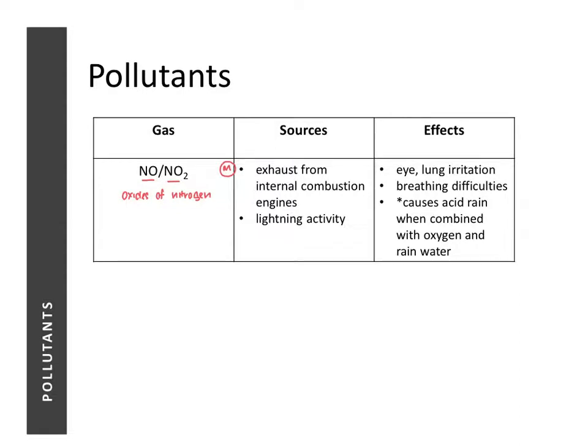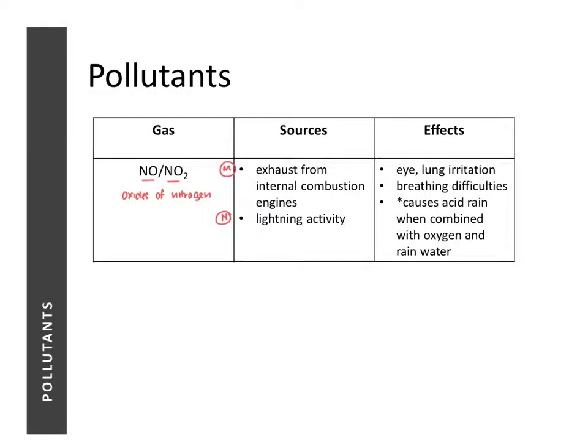What are internal combustion engines? They are the engines that are found in motor vehicles, in your cars, in your lorries. Later we will see how it is formed. The natural source is lightning activity. When there's lightning, the surrounding air would produce a lot of oxides of nitrogen.